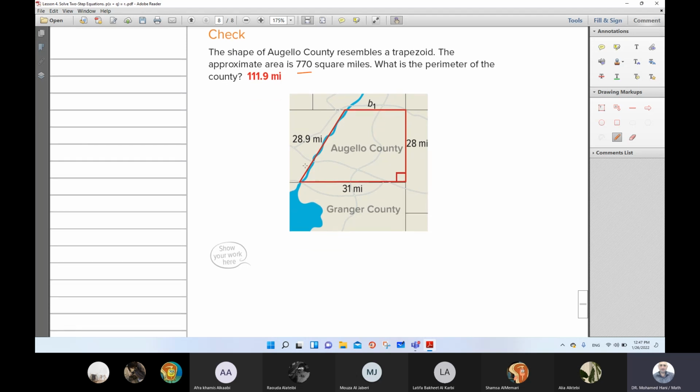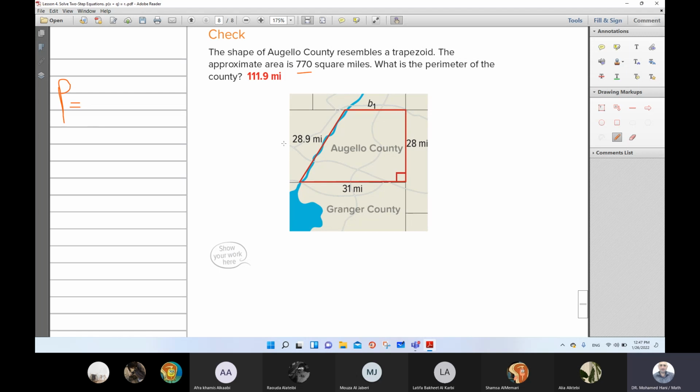As you see here, we have a trapezoid, and we want to find the perimeter of the trapezoid. As you remember, the perimeter of any shape means the sum of all sides of this shape. So you can add all the sides to get the perimeter.